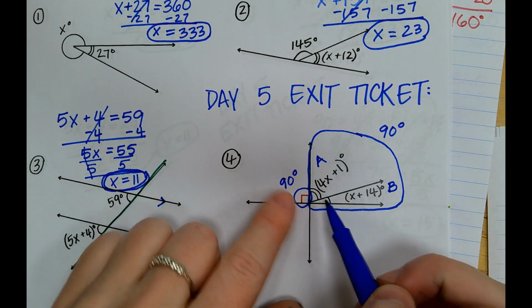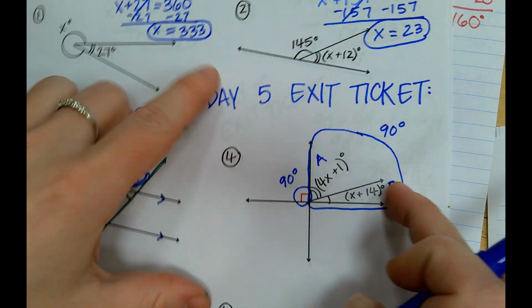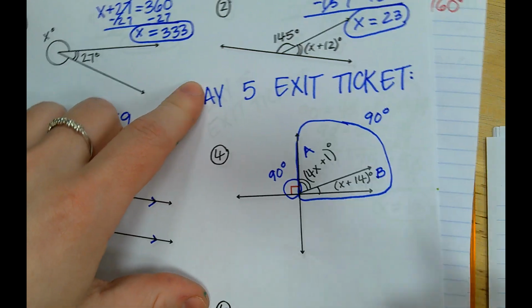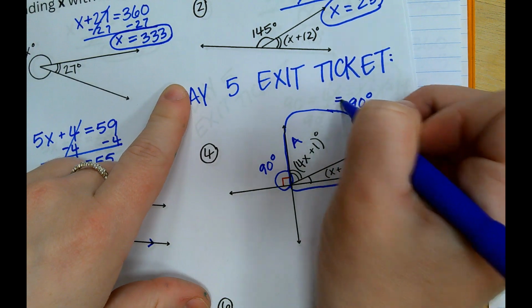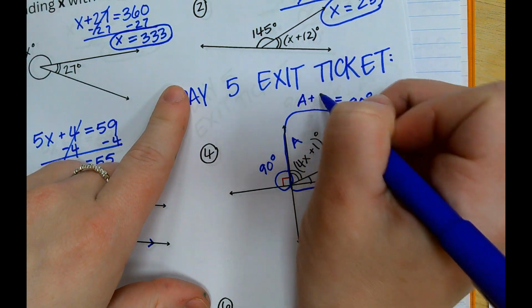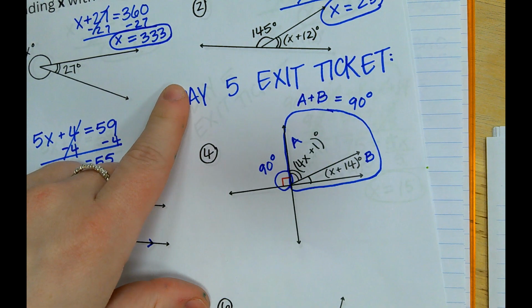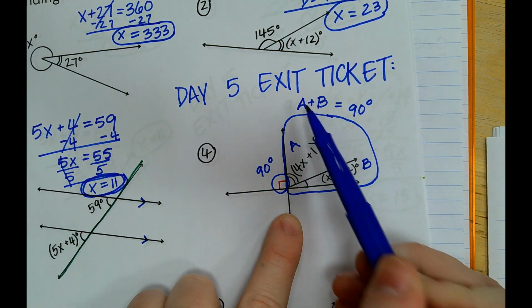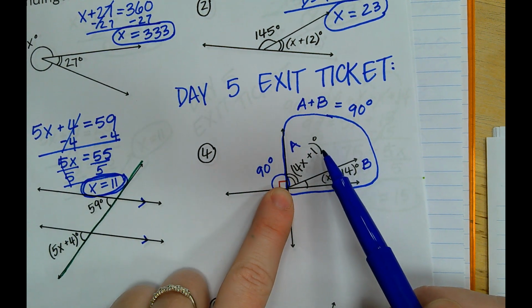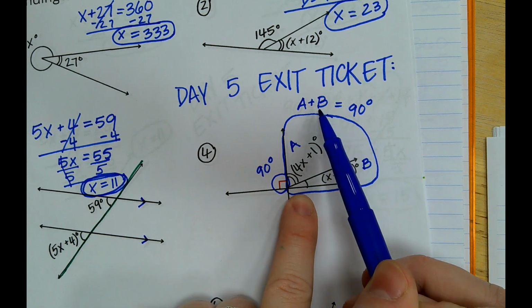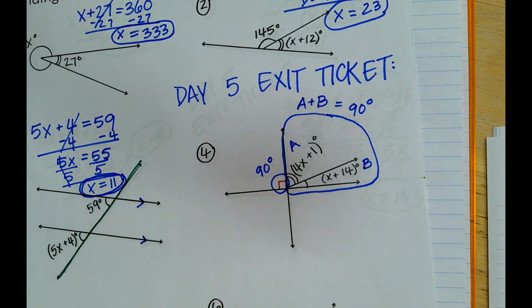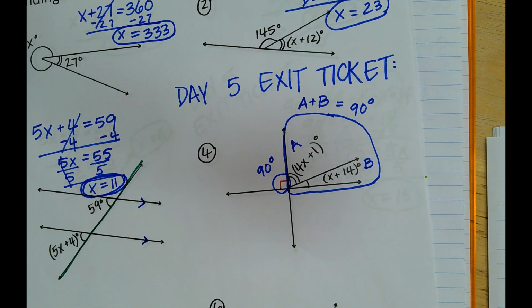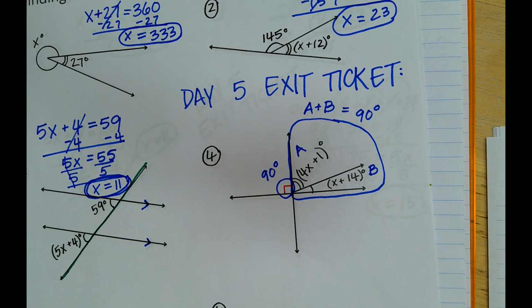Yeah, we know that because A and B are angles that are just inside of that 90 degrees, we could say A plus B equals 90. So all we need to do there is replace our A with 4x plus 1, replace B with x plus 14, and then we'll combine our like terms and solve it like a normal equation. Does that make sense? Yeah. Okay, good.